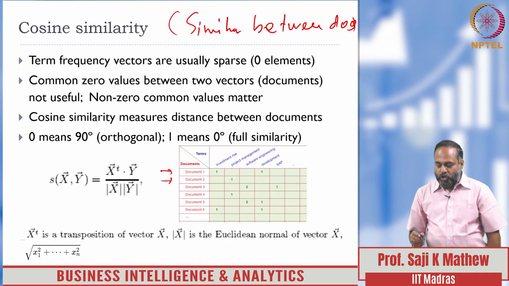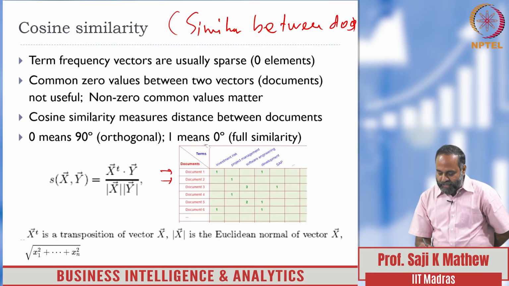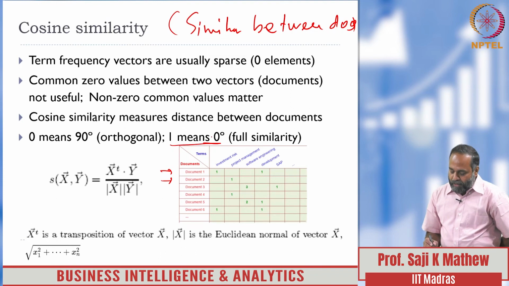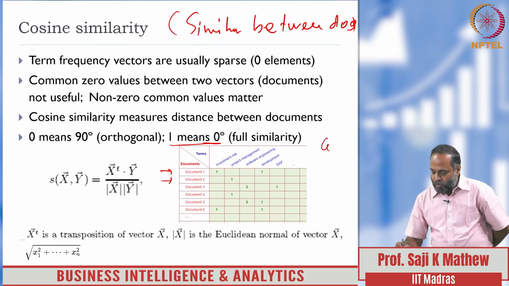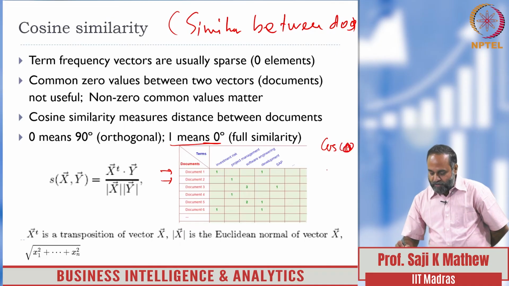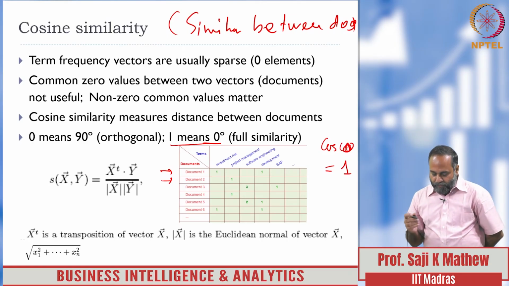When two documents are similar, they are the same, they are horizontal, that is 1, or cos of 0 is equal to 1, right.